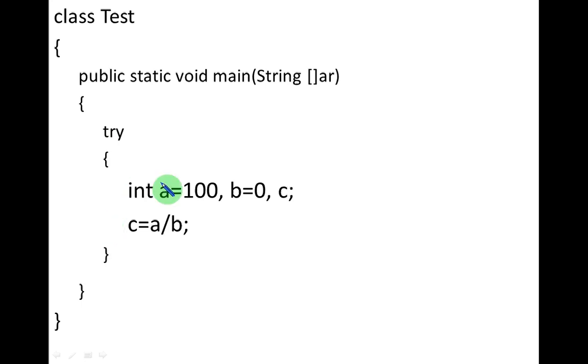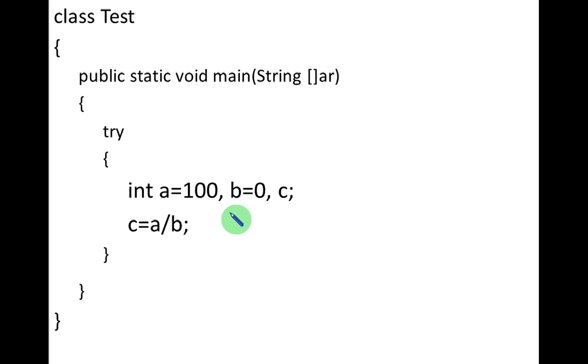Within this try block we should write the code which leads to an occurrence of error. Okay, so after execution of these two lines, definitely there may be a chance of getting an error. So these types of lines can be enclosed within the try block.